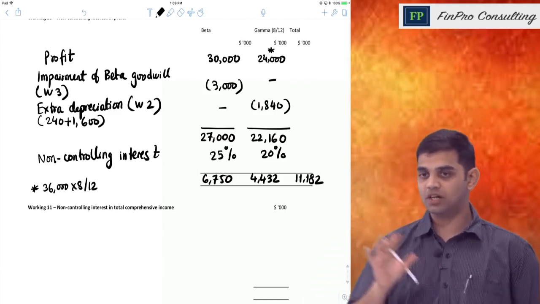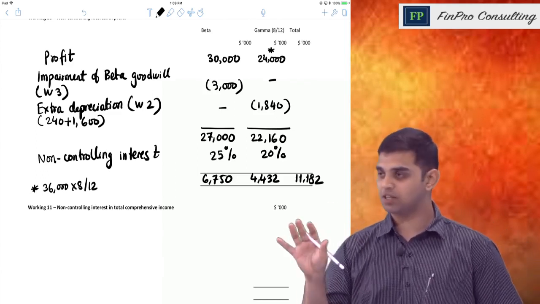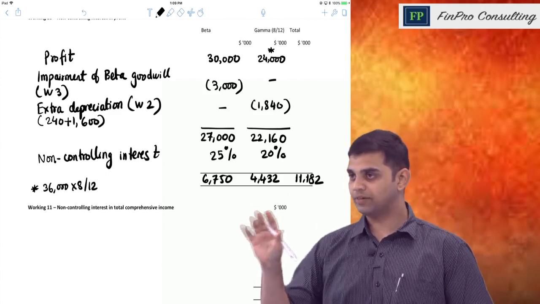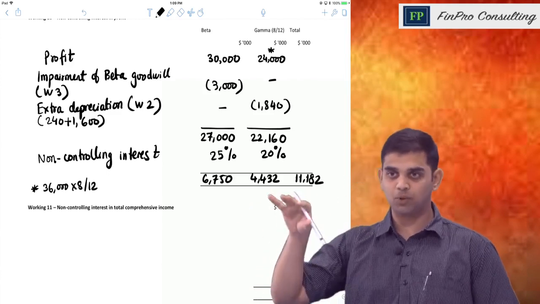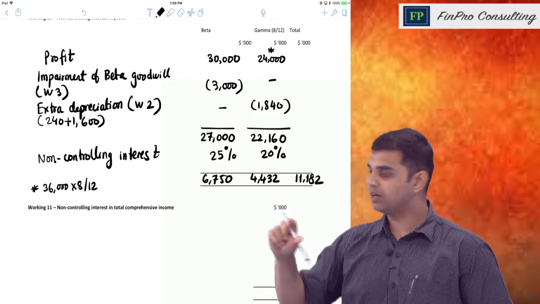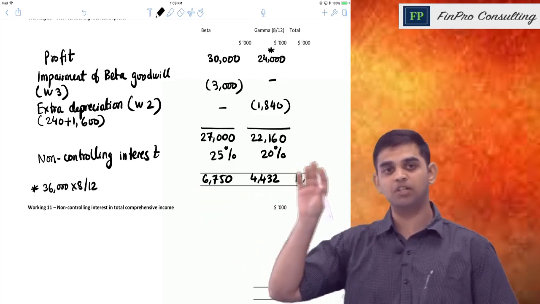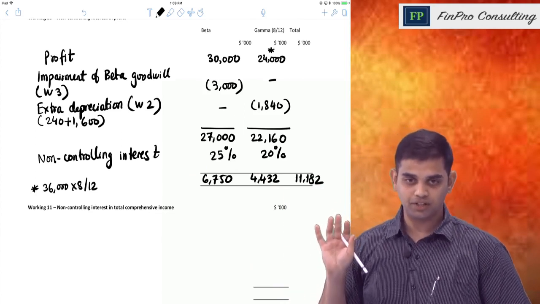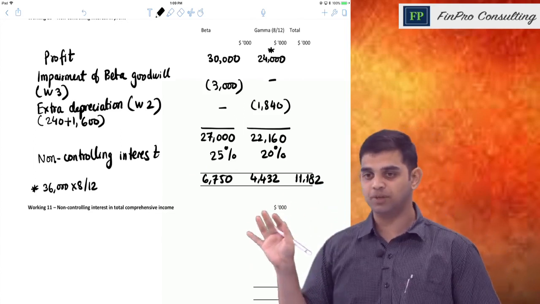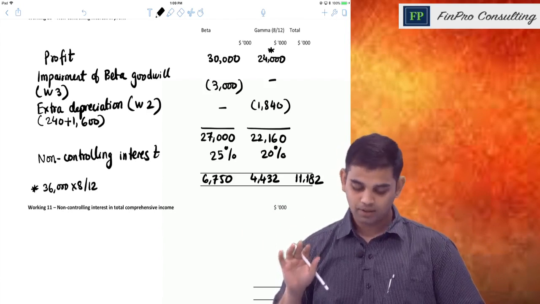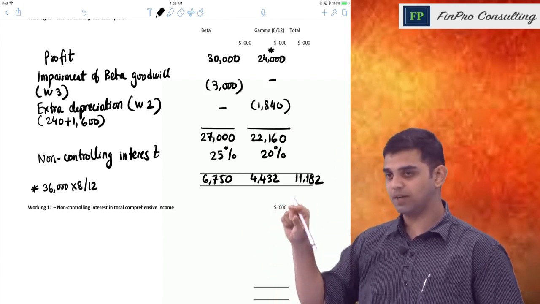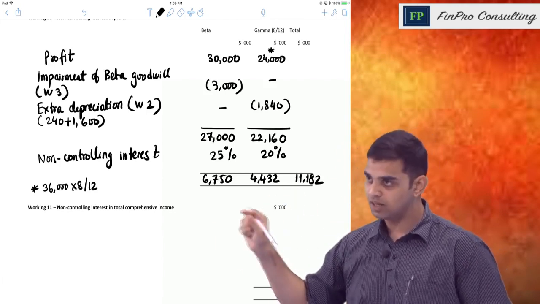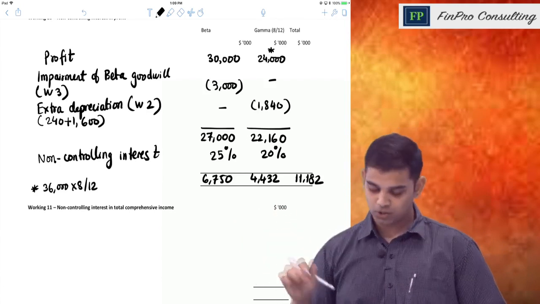Got it? So we started with the respective profits of the subsidiary companies. We considered 8 by 12 because it was pro rata acquired during the year, and we made certain adjustments relating to the subsidiary companies, which should also be given effect in non-controlling interest. That was impairment of goodwill and extra depreciation on assets of gamma. And then we applied respective NCIs on the revised profits and calculated total non-controlling interest.